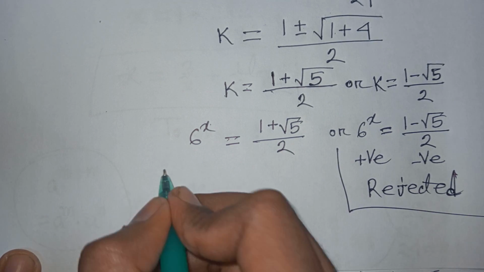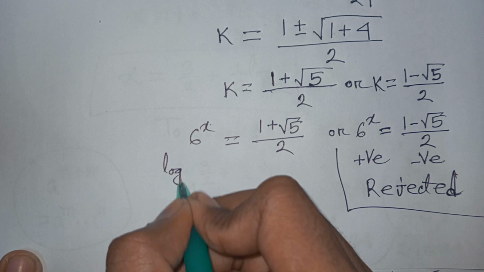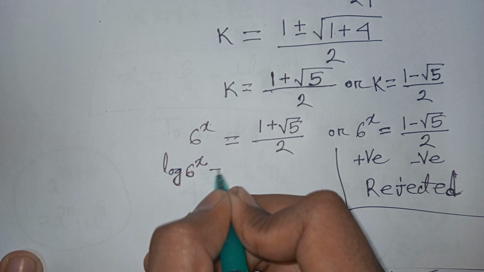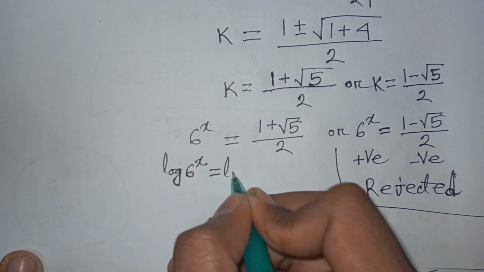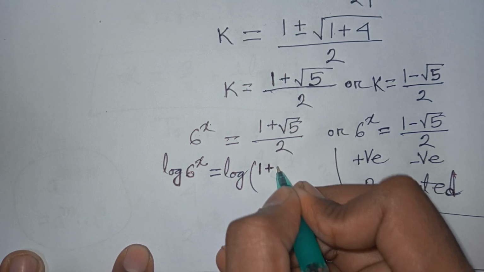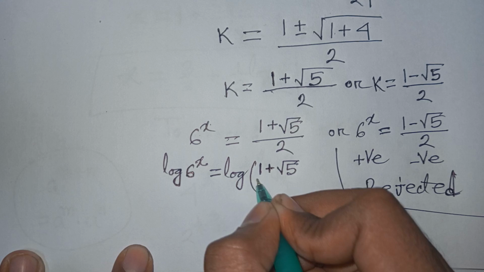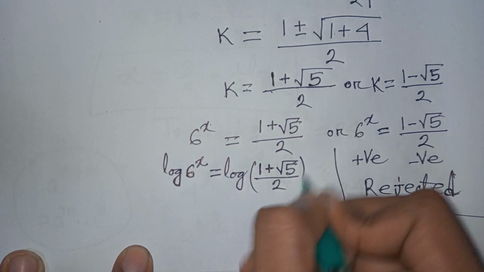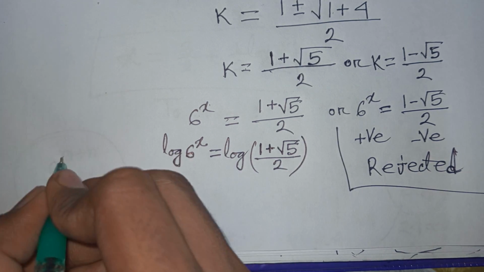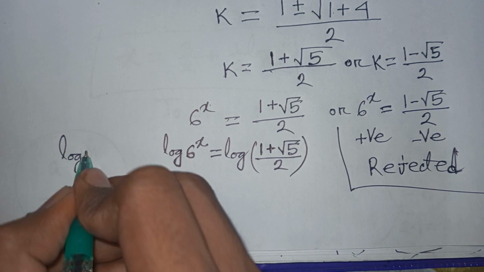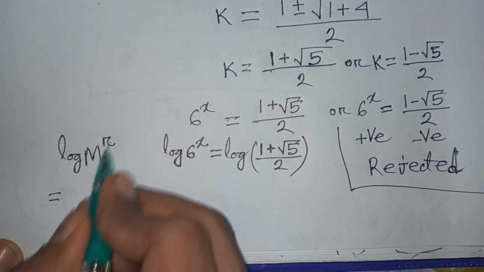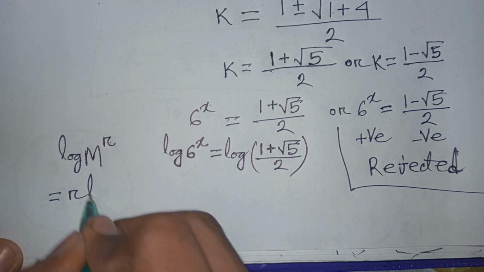Now from here we apply log on both sides. You can write log of 6^x is equal to log of (1 plus square root of 5) over 2. Now here we apply the rule that log m^r is equal to r log m.